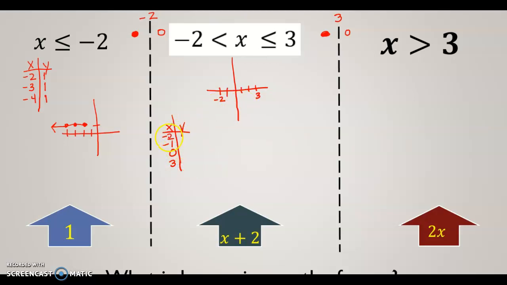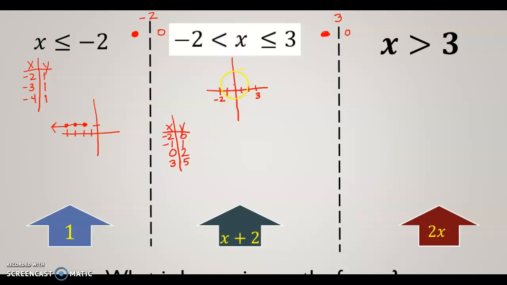When you get these, you would put them into here. -2 plus 2 is 0. -1 plus 2 is 1. 0 plus 2 is 2. And 3 plus 2 is 5.